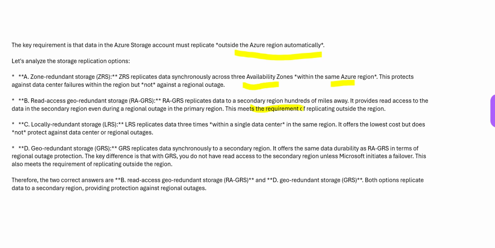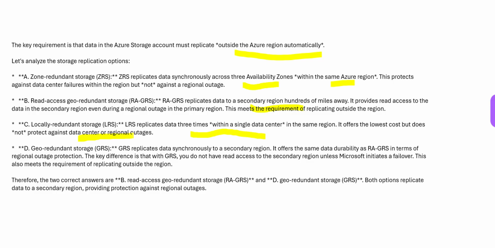If you do LRS, it replicates data three times within the same data center in the same region. So it is low cost but does not protect against data center or regional outage. So this will not work. D works because we talk about geo-redundant storage, GRS.